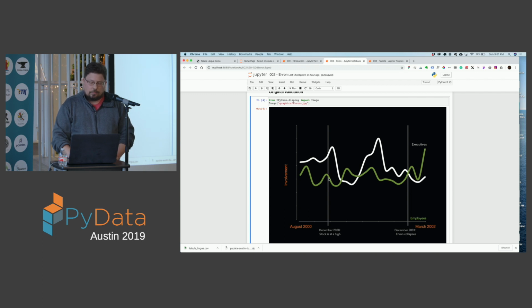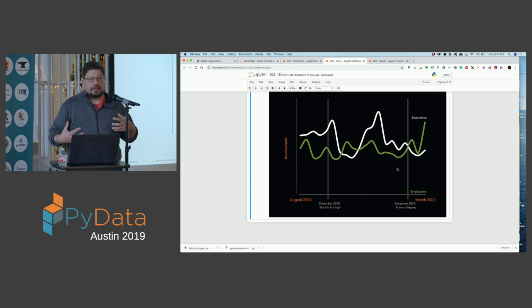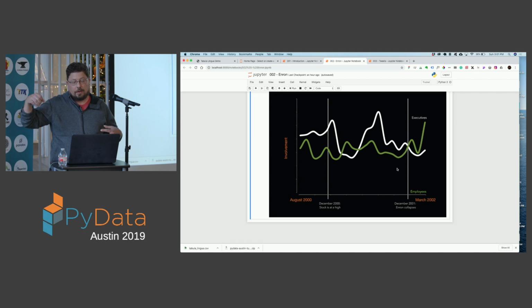So you can see that the employees follow a mostly quarterly pattern. This little dip right here is actually 9/11. But you also see the executives, oh crap, we're in trouble. Yeah, we're screwed. So that was how he originally validated that idea, was showing that the executives who kind of knew what was going on were thinking and communicating differently than the employees who did not.